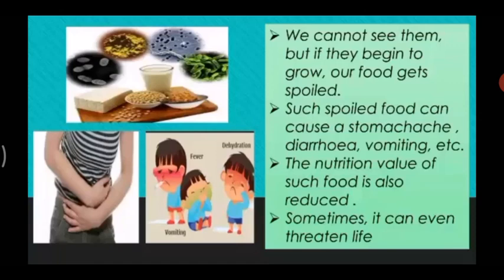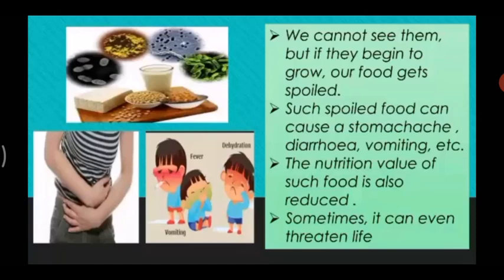They are going to help your growth, but they are not going to help your growth in your body, and sometimes it can even threaten your life. If you eat such food, you can get food poisoning, right? You can get all these problems, food poisoning, and that can even lead to the death of a person.